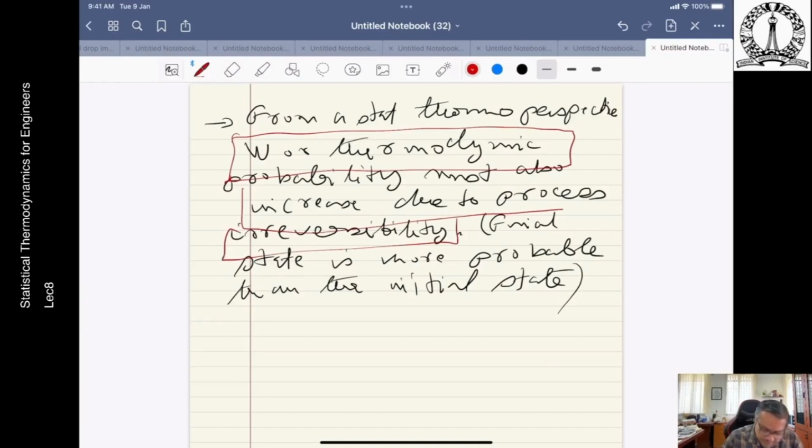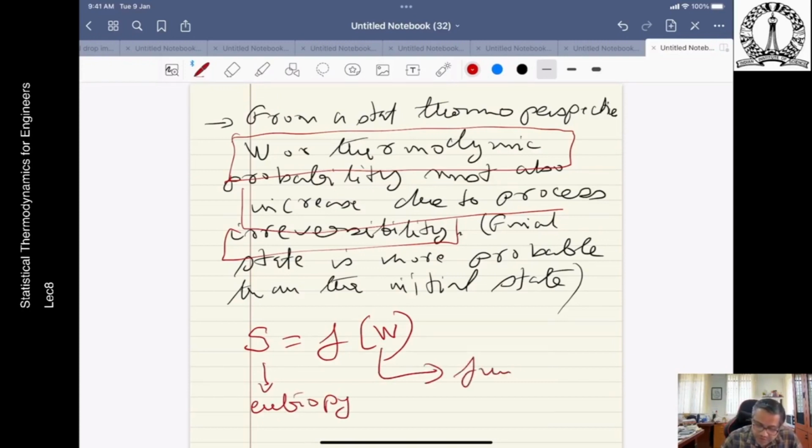So what we can say is that entropy is definitely a function of this thermodynamic probability. If this is entropy, we don't know what function it is, but it is definitely a function of the thermodynamic probability.